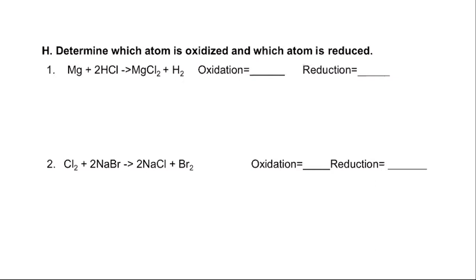Magnesium is the one that is going to have an oxidation number of 0. Okay. When we look at the product, who's going to have an oxidation number of 0? Great job, Isaiah. H2 is going to have an oxidation number of 0, because remember that diatomics are going to be counted as a single element.